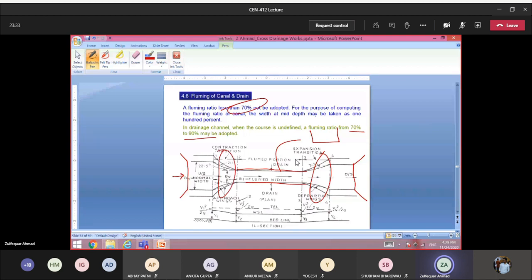And from the downstream, what will be the water level at the different points is being computed. So I will discuss with you the types of the transitions also.